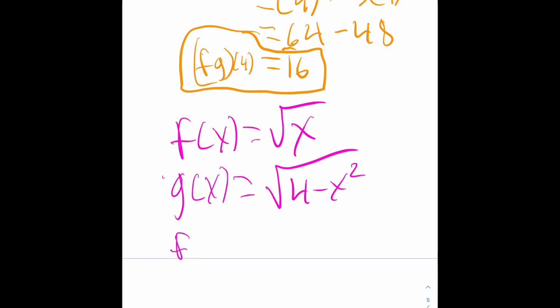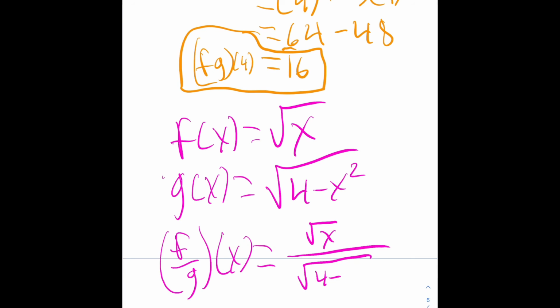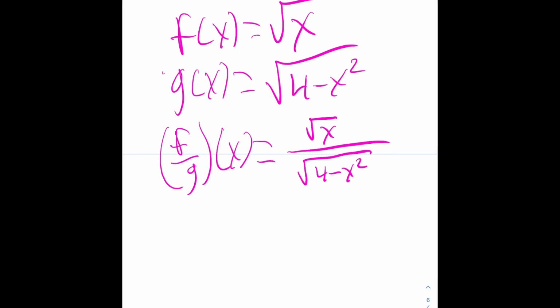And then again, because of that division, I am going to want to double check that I have proper domains. So I'm going to say the square root of x on top divided by the square root of 4 minus x squared on the bottom. And I can't really do much else of this one because I wasn't given what x was. So this is all I can do.